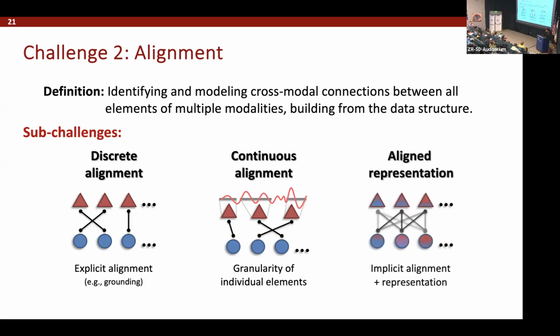So whereas in these first two, alignment is the main goal, your goal is to link one element with the other. In this third sub-challenge, this alignment is only used implicitly to learn better representations. So we call this challenge aligned representations. Classic transformers is a classic example of this, where transformers allow you to learn the relationships between one word and other words in the sequence, as we have seen, but it's not important to exactly learn these relationships.